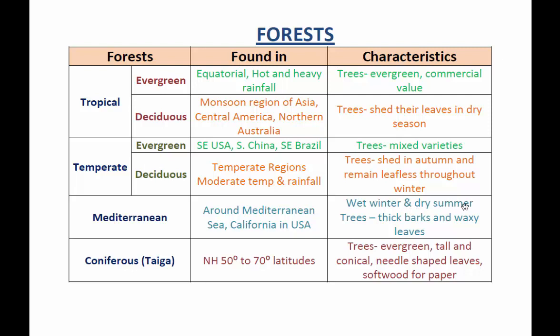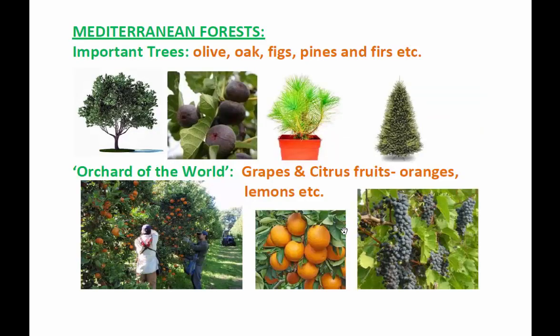Okay, whereas in our monsoon region we have a dry winter and wet summer, isn't it? So most of the trees usually have thick bark and waxy leaves in order to cope with their climate. So these are some of the important trees. You can see olive, oak, figs, pines and firs.